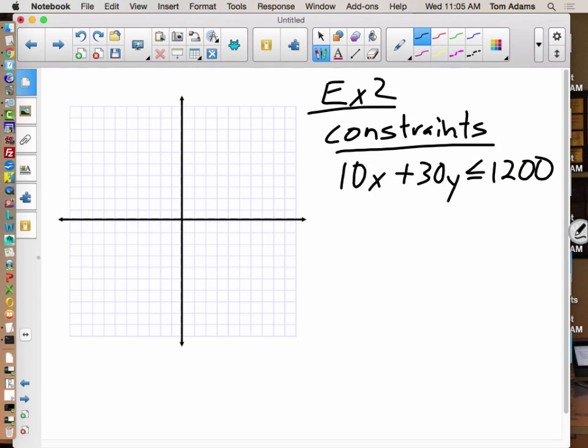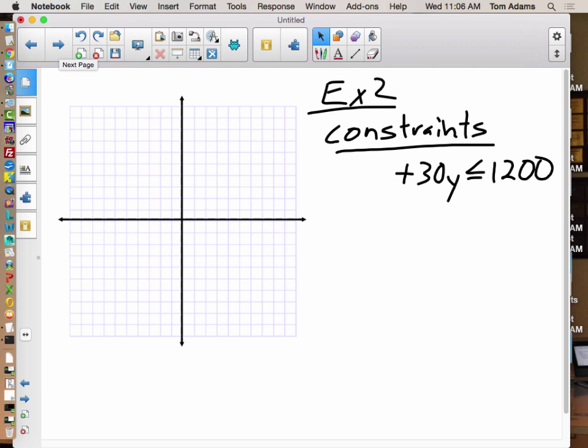Then there's a little trick. It's called the pinky method, but because I got it real big on my whiteboard, we're going to call it the hand method. If I plug in 0 for x, isn't that my y-intercept? 10 times 0 would be 0, so that whole thing goes away when I plug in 0.